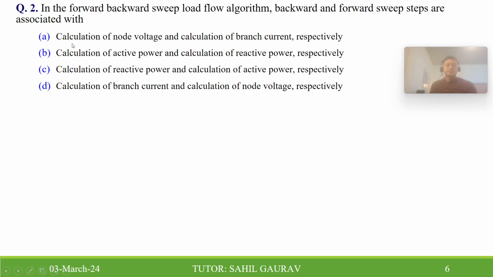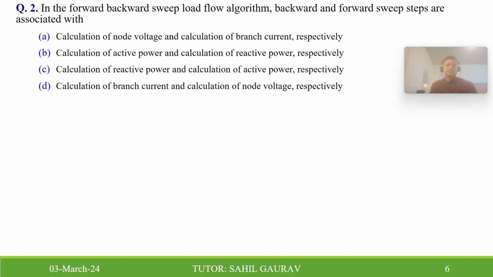The first option is calculation of node voltage and calculation of branch current respectively. B is calculation of active power and calculation of reactive power respectively. C is calculation of reactive power and calculation of active power respectively. And D is calculation of branch current and calculation of node voltage respectively.